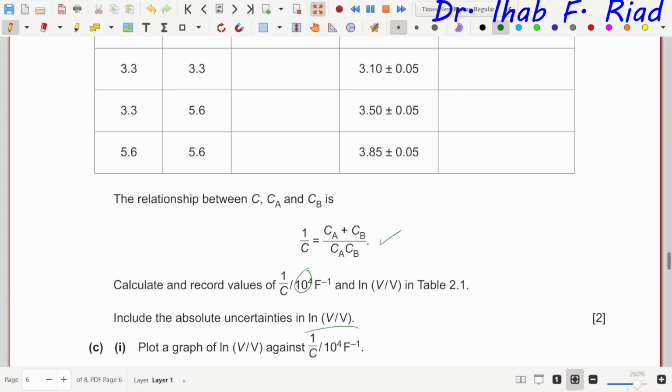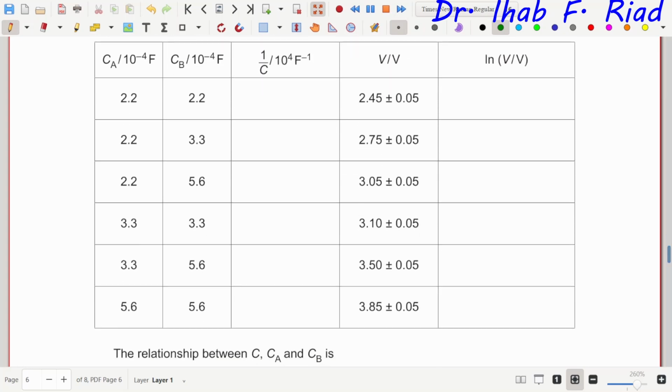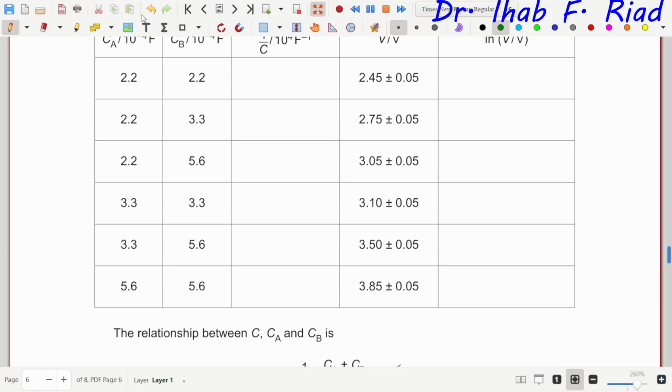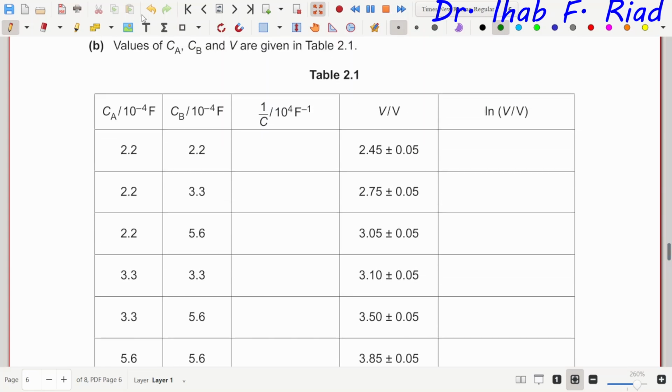Okay, let us do it one by one, for the first column. Let us get our calculator. Remember that 1 over C is CA plus CB over CA times CB.